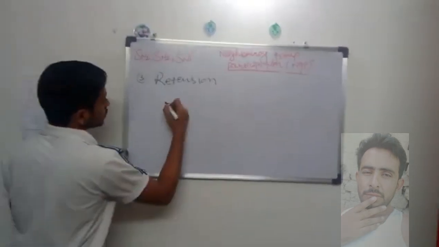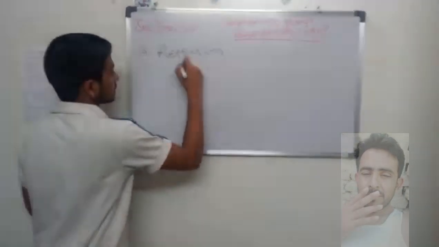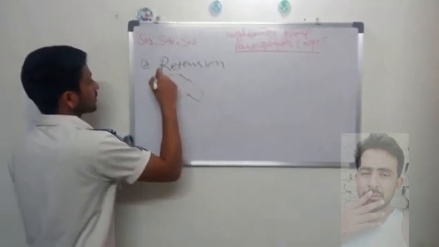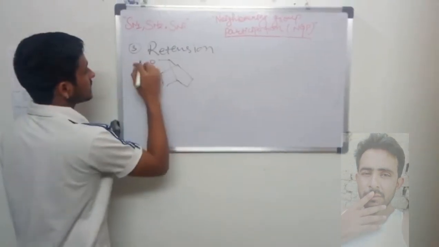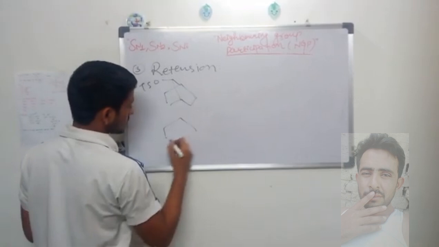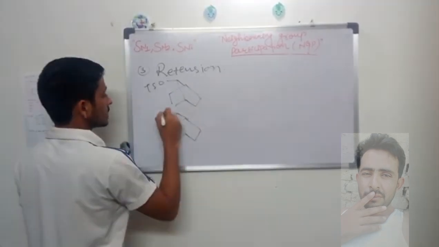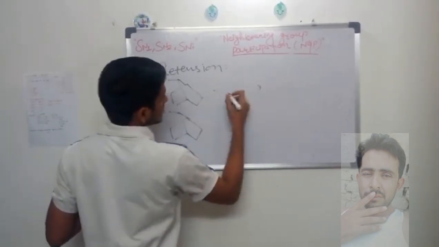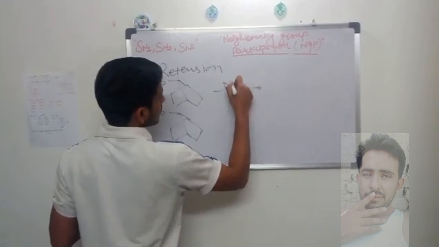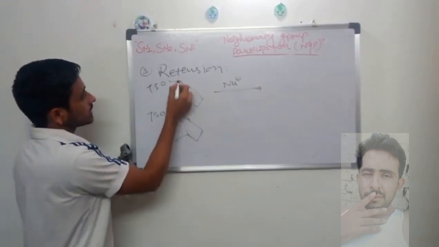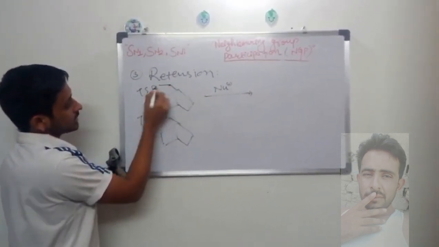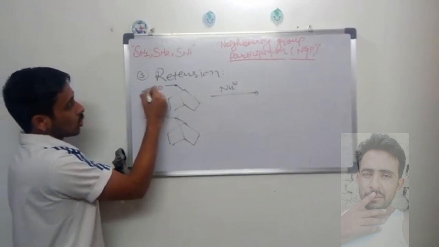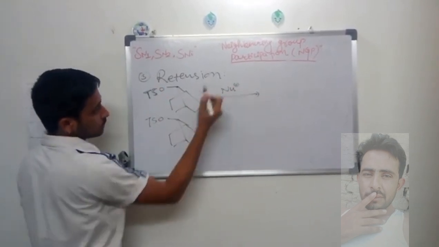So I have 2 examples. We will just see them quickly. OTs, tosylate. Another example is OTs. So in that case, when we add a nucleophile, here is a carbon at which there is a leaving group attached, OTs. So this is a nucleophile.